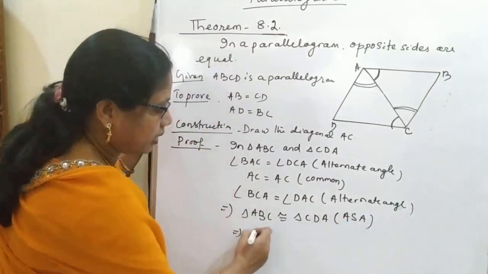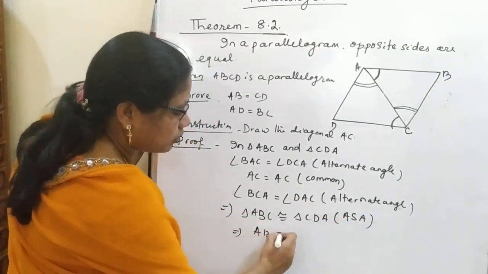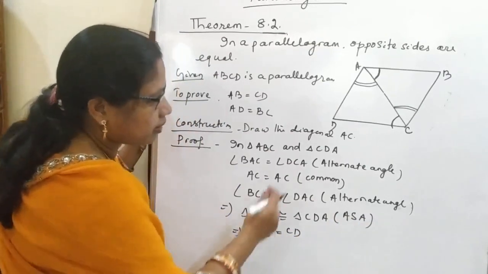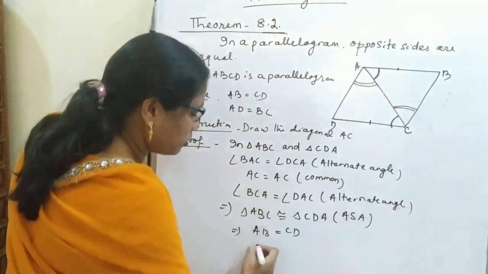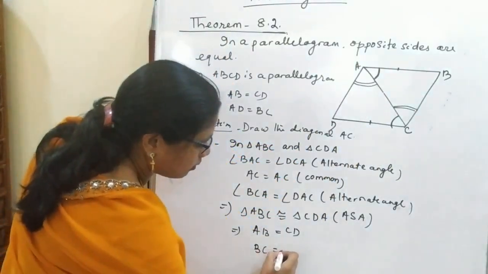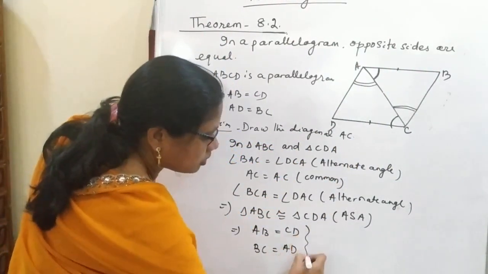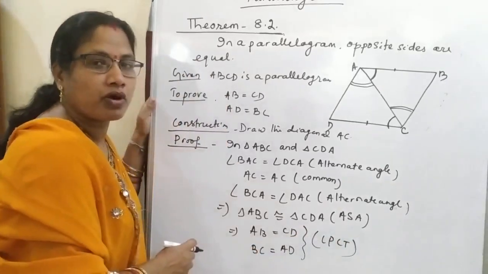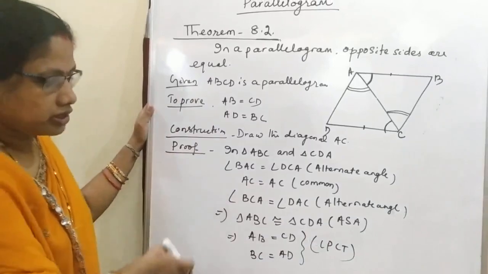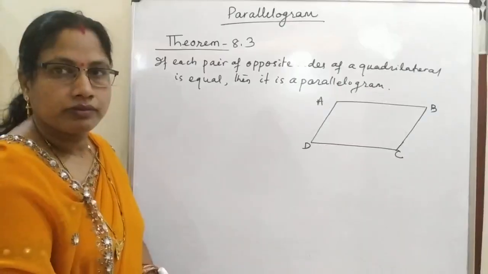So this implies AB is equal to CD and BC is equal to AD. So these are due to CPCT, corresponding parts of congruent triangles. So this is all about the proof of this theorem.